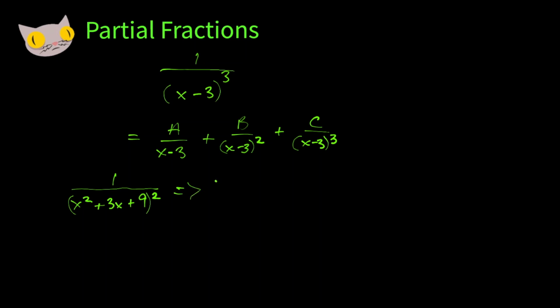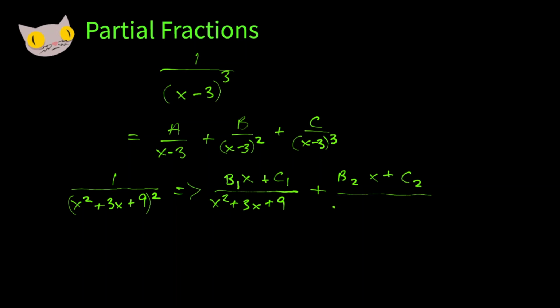When you have a quadratic in your denominator, the numerator is going to look like this: b1x plus c1 over x squared plus 3x plus 9, plus b2x plus c2 over x squared plus 3x plus 9 squared.